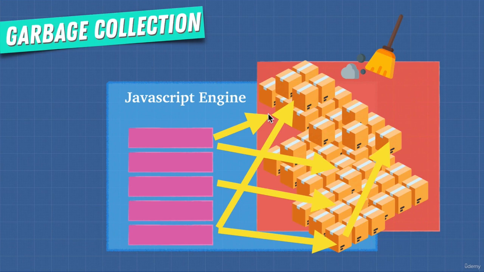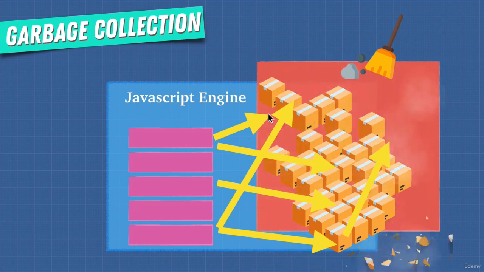So JavaScript automatically frees up this memory that we no longer use and collects our garbage, just like this. So only the data that is still useful to us remains. This way we make sure we don't use up all the memory we have available because, as we know, memory is limited. How nice is that?